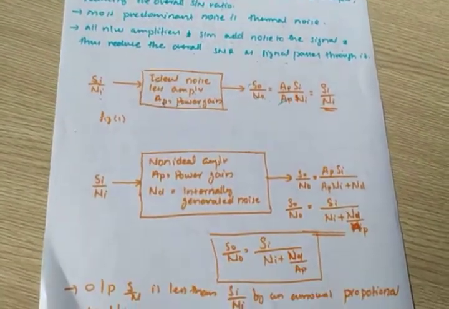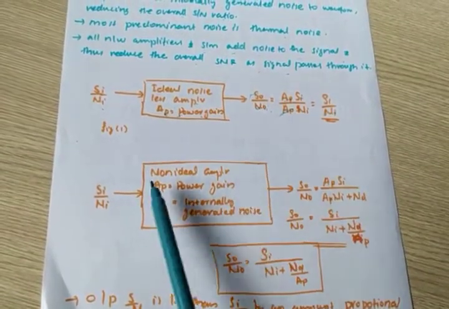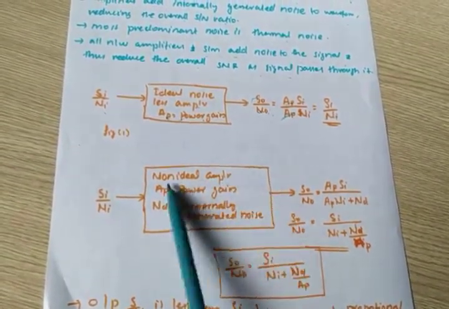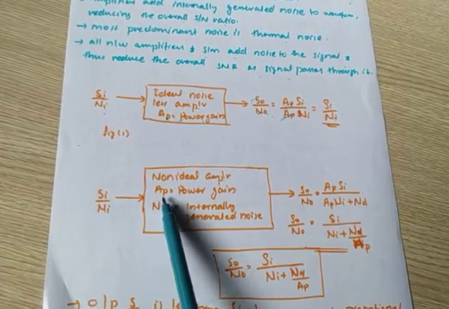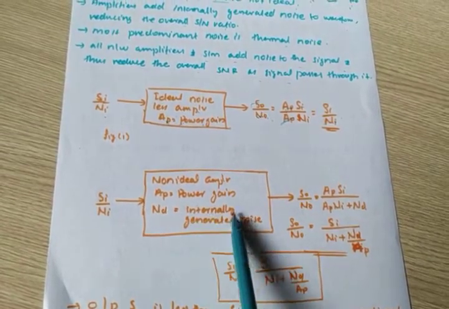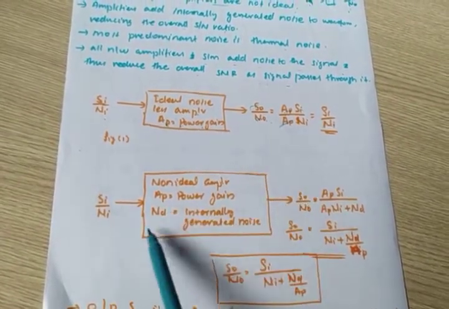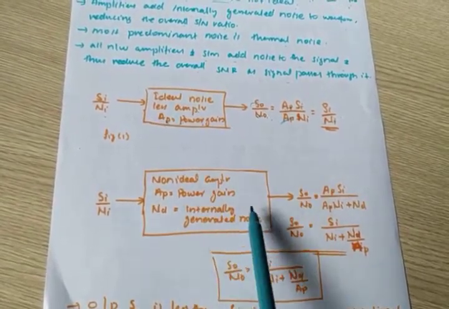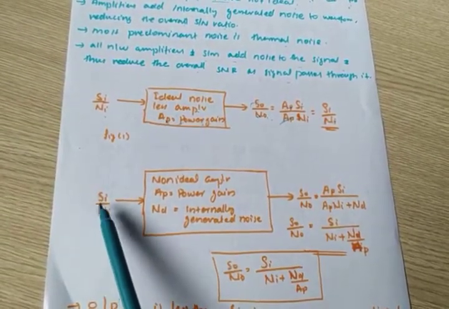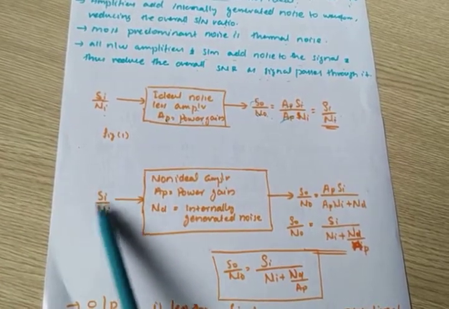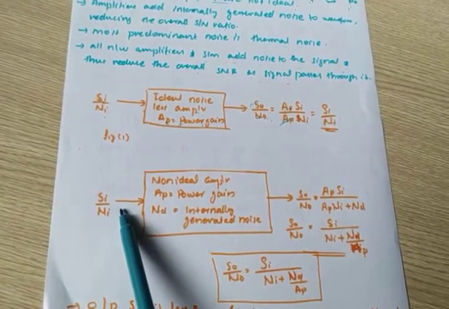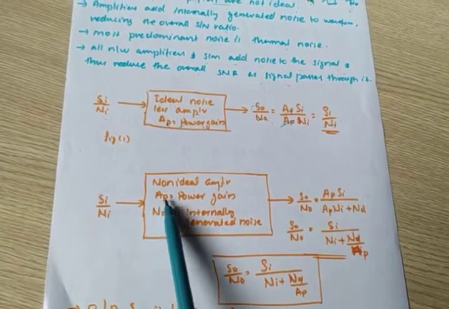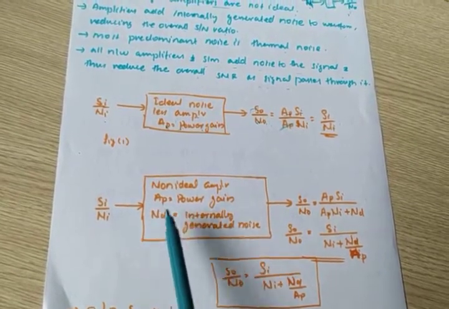What about a practical system? A practical system has a non-ideal amplifier. Ap is the power gain, and Nd is the internally generated noise. We can't make an ideal system in practice, so noise will definitely be there in the system. As the signal to noise ratio enters the system, it is amplified by a factor of Ap and noise is added.